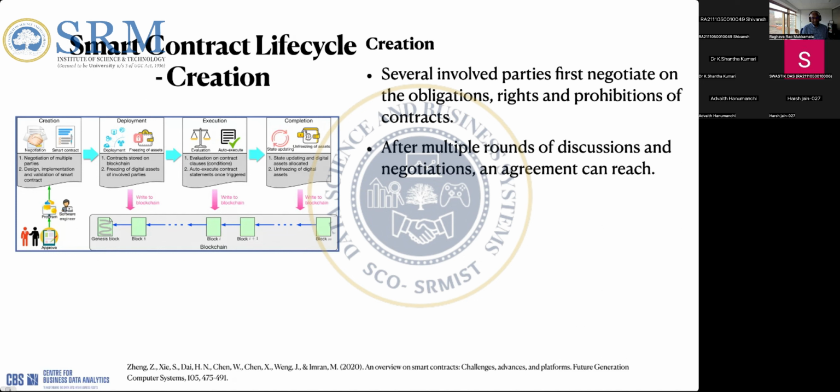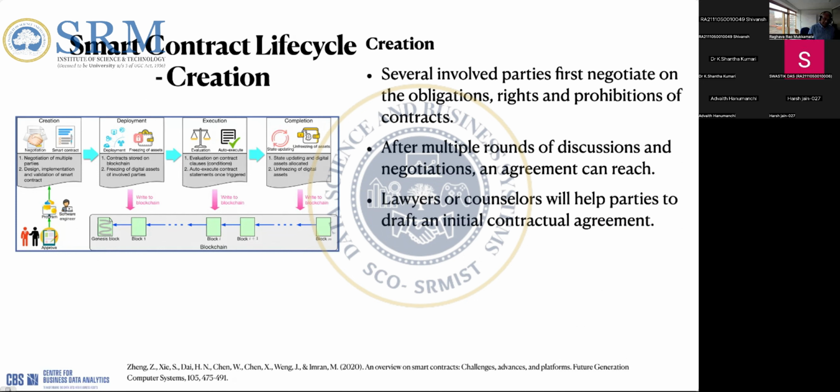So let's see what happens in the case of creation, right? In the case of creation, based on the business process you are trying to write a smart contract for, you first need to understand the business problem. It involves a lot of stakeholders.